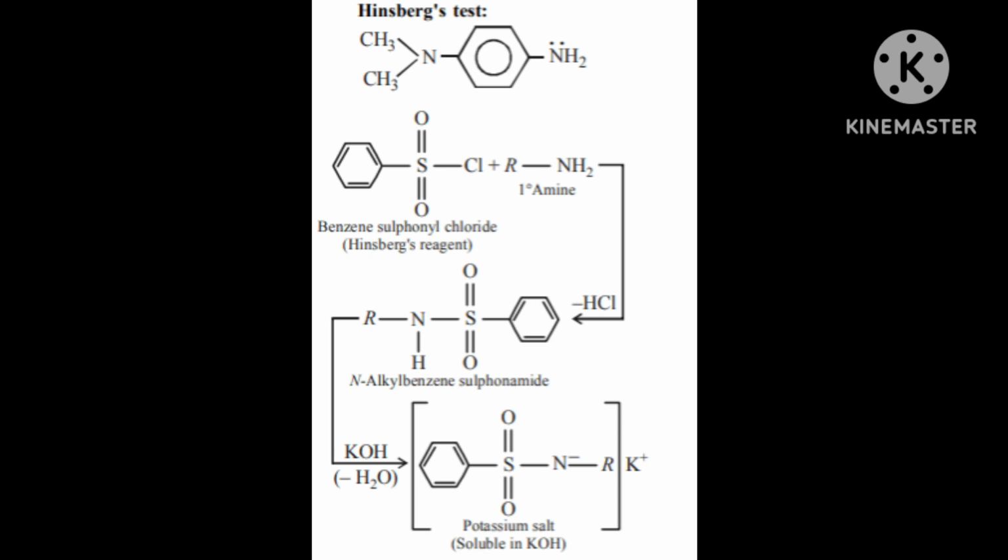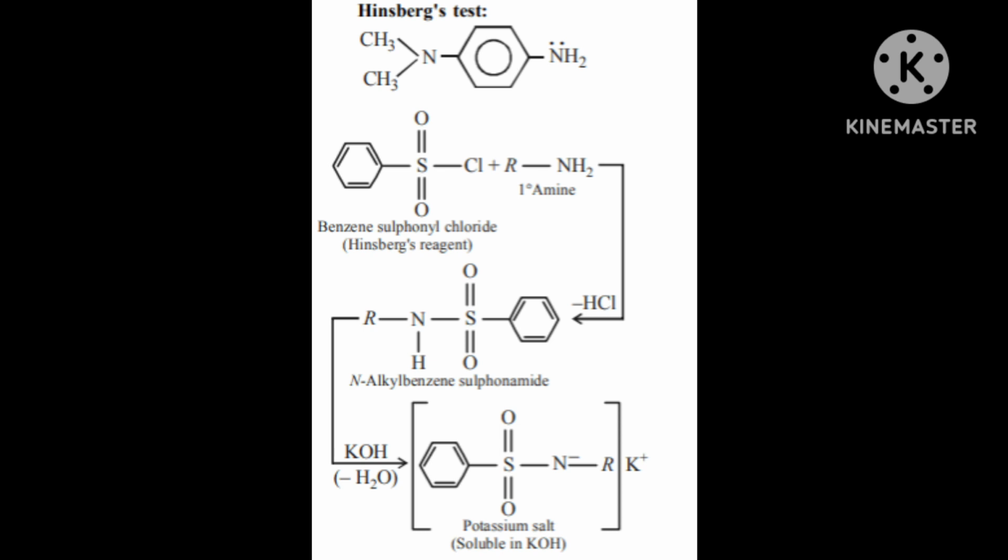The hydrogen attached to nitrogen in sulfonamide is strongly acidic due to the presence of a strong electron withdrawing sulfonyl group. This is the important point. The hydrogen attached to nitrogen in sulfonamide, the product you got, is strongly acidic.